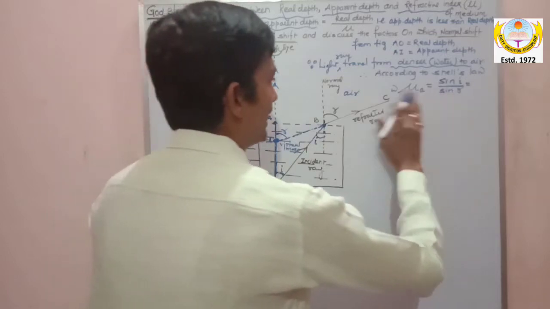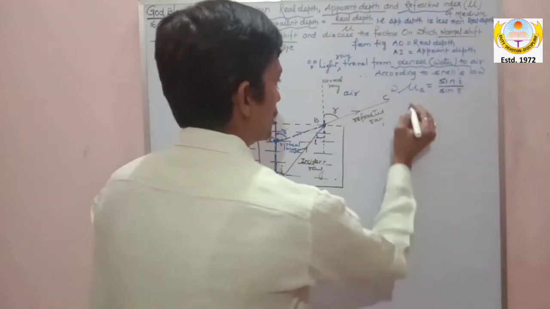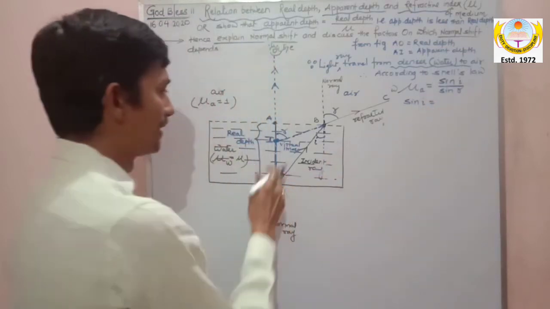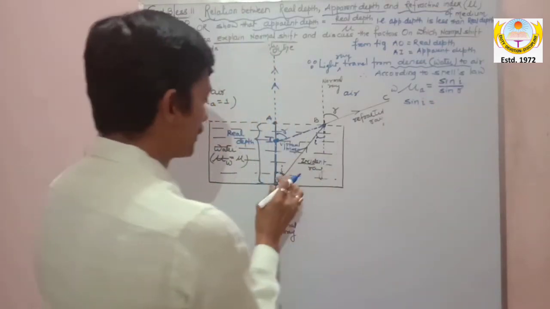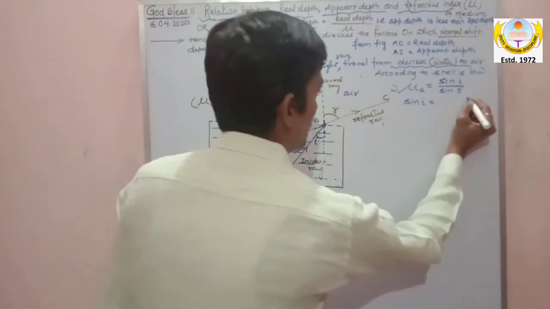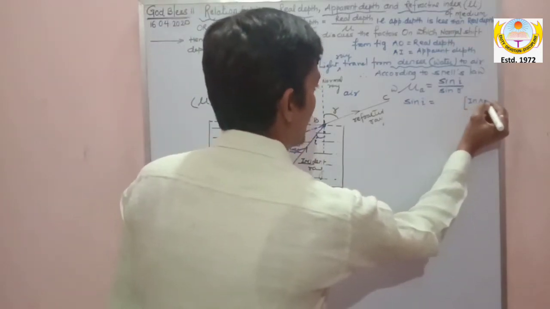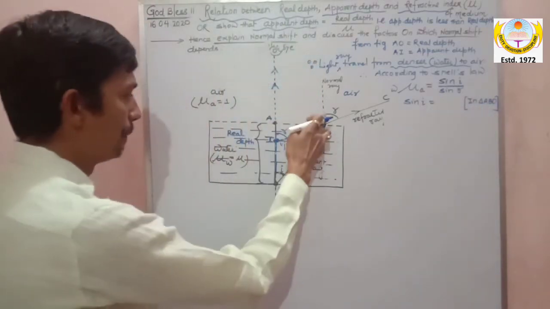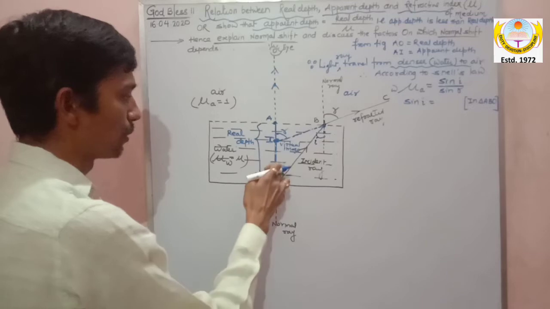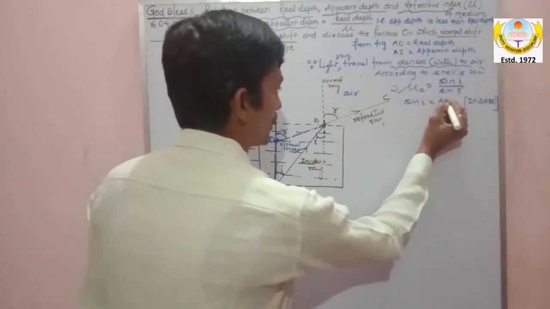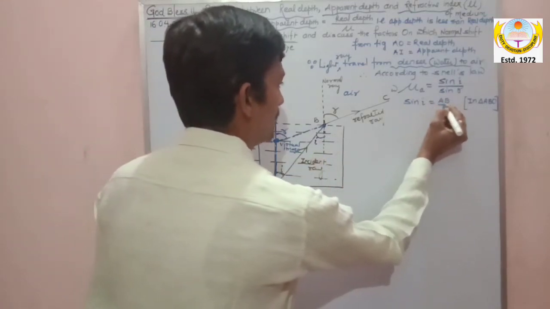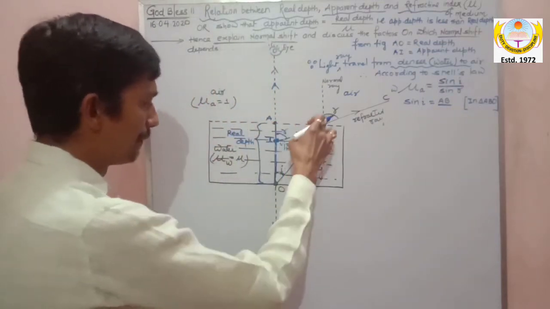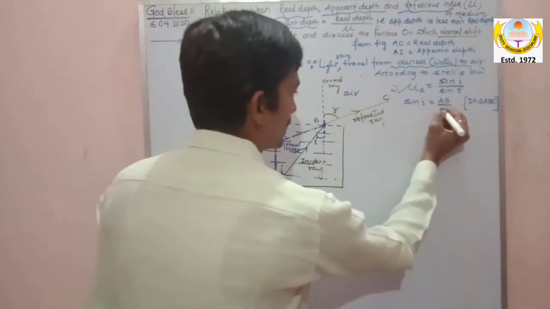What is this sin I in the diagram? You can see sin I in triangle ABO. What is sin I? Sin I will be the opposite side, that is AB, divided by the hypotenuse, that is BO.